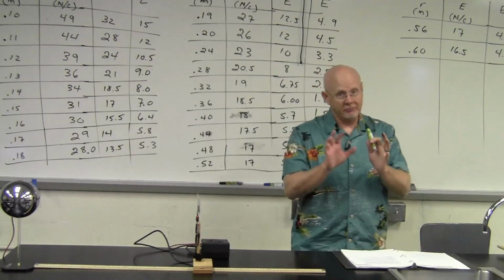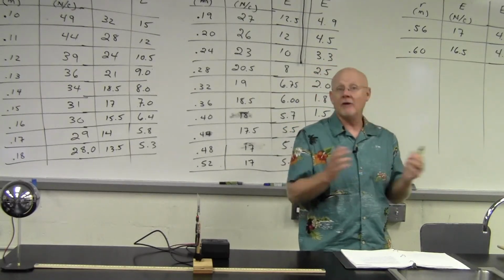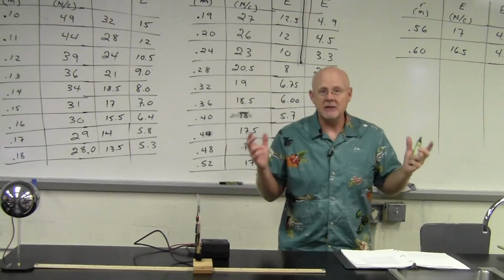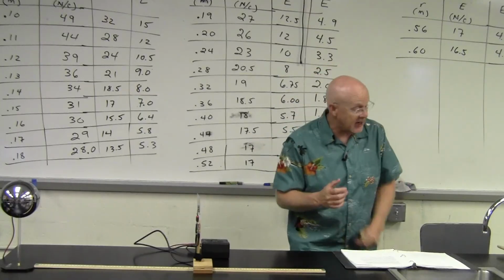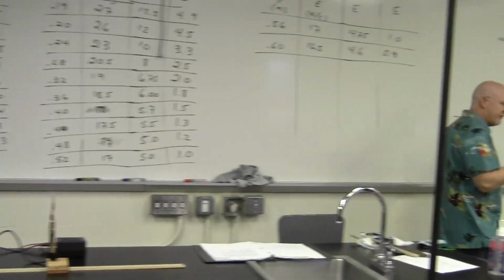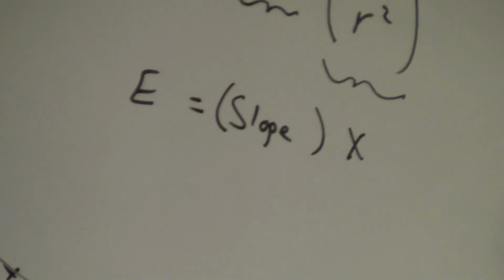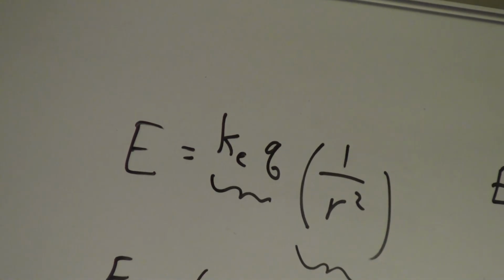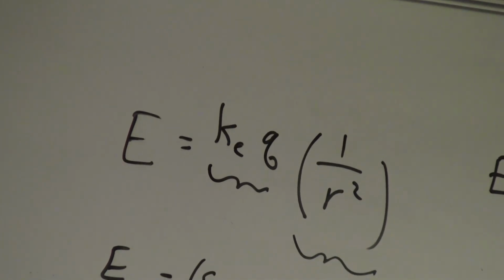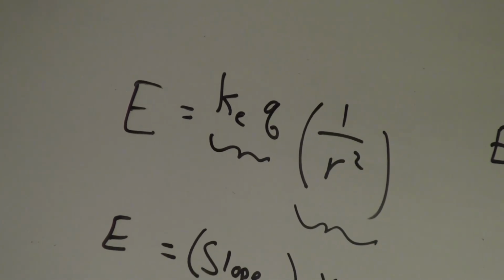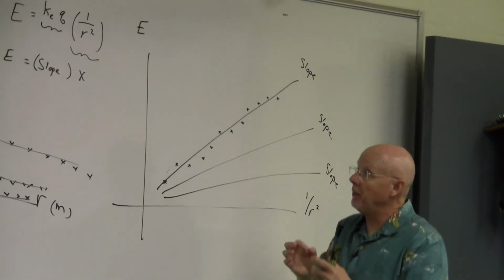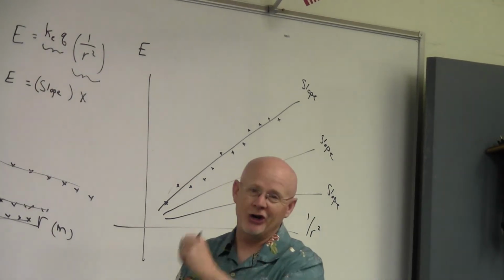And I hope I didn't give it away too much, because I did. I wanted to make sure you didn't see it. So I'm going to say it one more time. When you get this graph, these are the 2 conclusions that you will hopefully get from your data. That the electric field is directly proportional to the inverse of the square, and also the electric field, because of the slope here, is proportional to the charge.